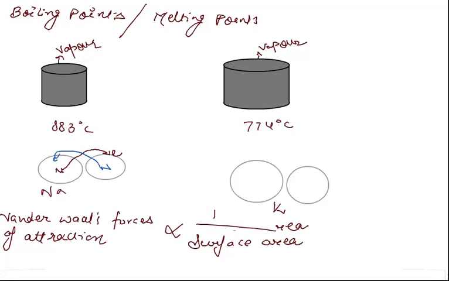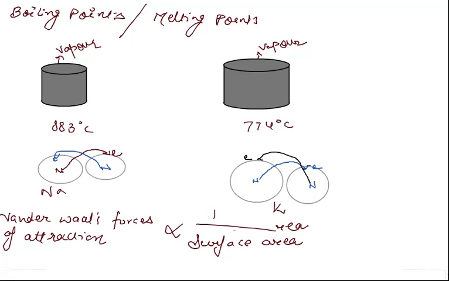This type of force is called van der Waals force of attraction. Now in this case, this is the force of attraction between this nucleus and this electron, whereas again, there is force of attraction between this nucleus and this electron.